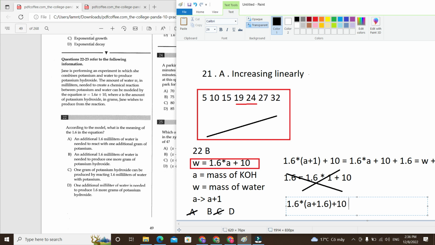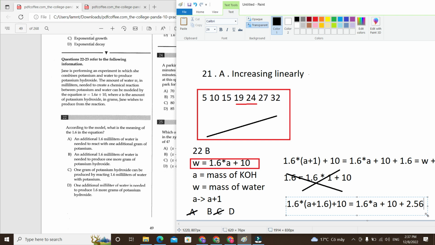So that is W, that is actually 1.6A plus 10 and plus 1.6 square. 1.6 square is how much? 2.56, right? Yeah, it's 2.56.